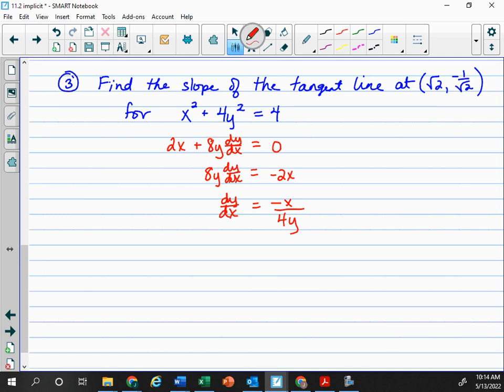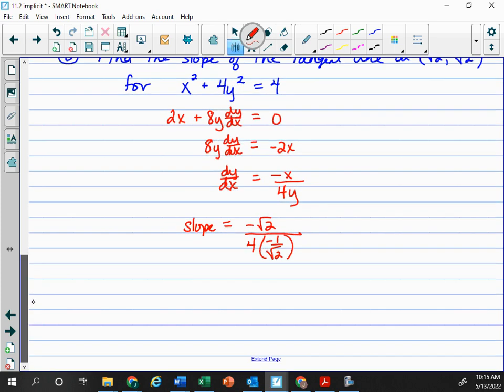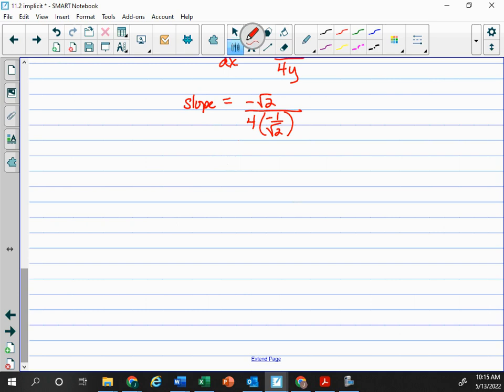I've told you I want it found at root 2, comma, negative 1 over root 2. So what do you think I'm going to do with that? Plug it in. So slope is going to equal negative root 2 over 4 times negative 1 over root 2. Let's simplify that.